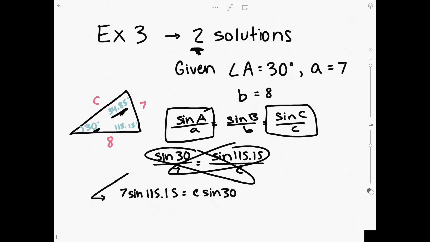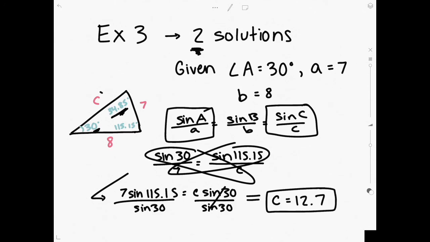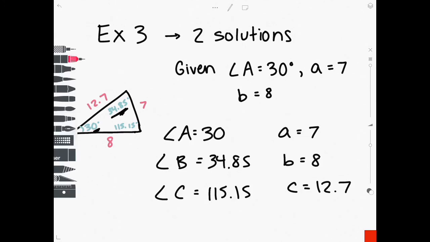And by dividing by sine of 30 on both sides, we can get 7 sine of 115.15 over sine 30 to equal C. So C would equal 12.7 using a calculator. So that is our first solution for example 3.